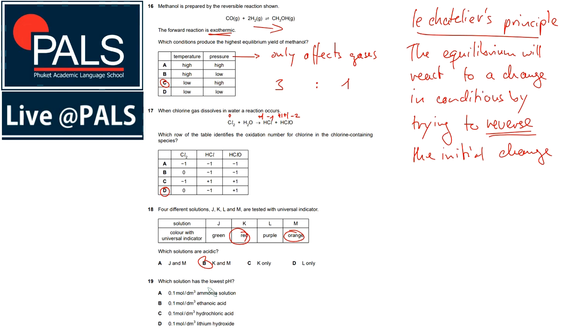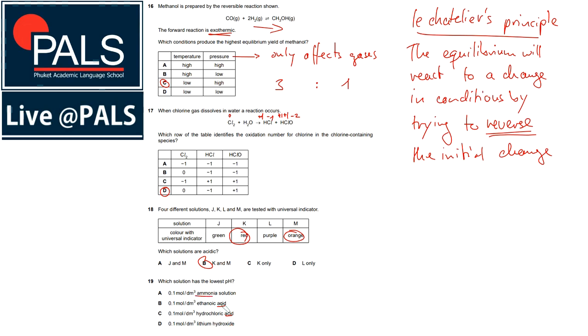Which solution has the lowest pH? Here we need to know a little bit about acids and bases. So first of all, let's identify acids and bases. Well, ethanoic acid tells us it's an acid. Hydrochloric acid tells us it's an acid. Lithium hydroxide, with the metal lithium, tells us that must be a base.